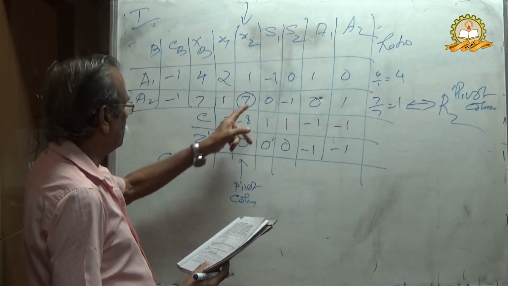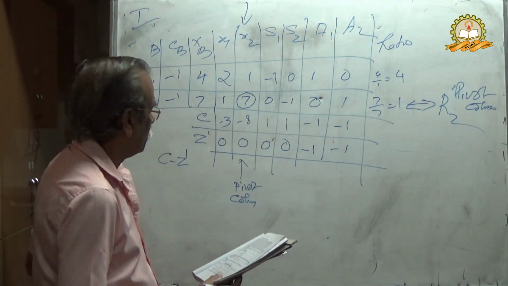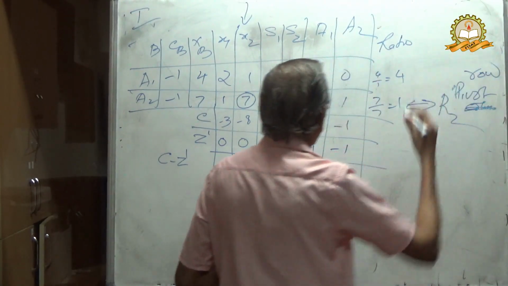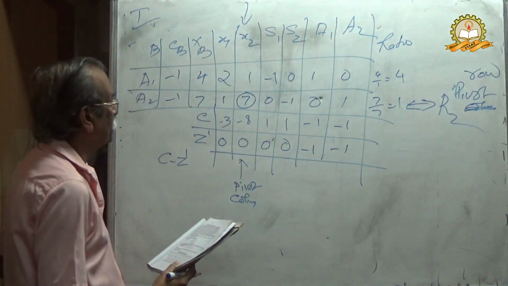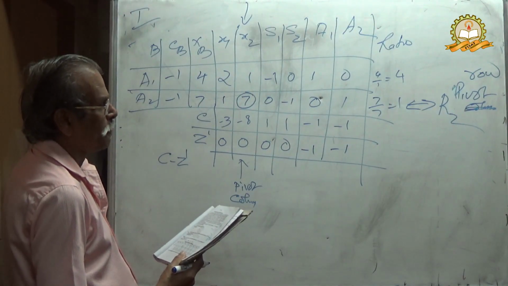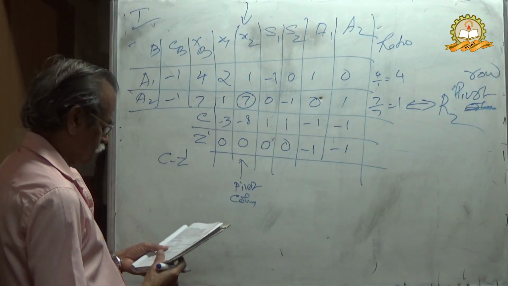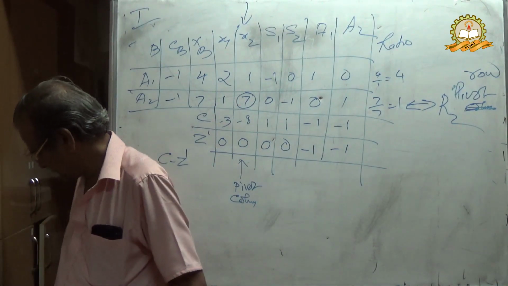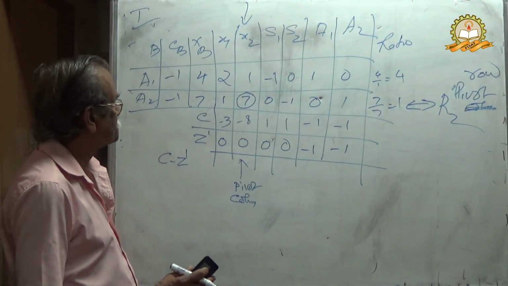Therefore, pivot column, pivot number, pivot row. 7 is the pivot number.